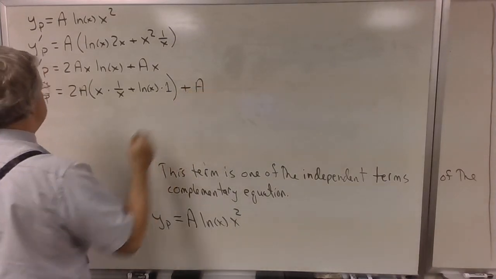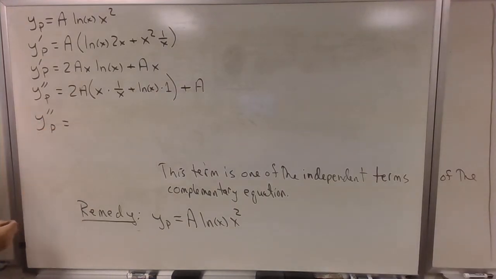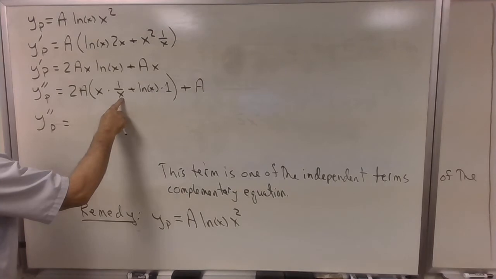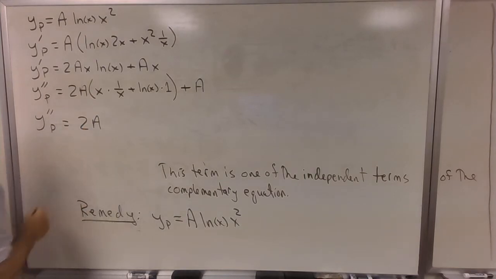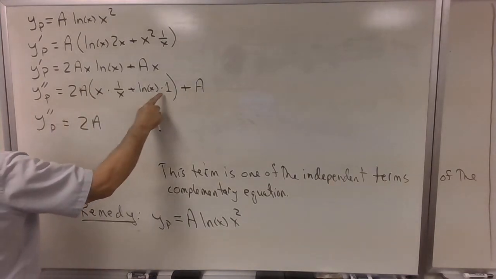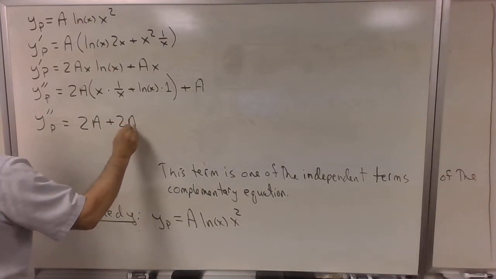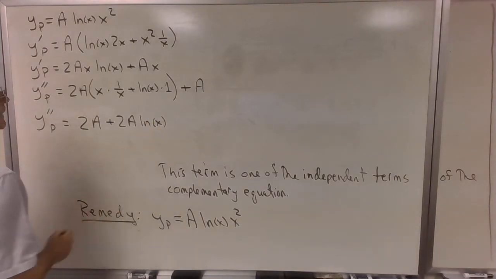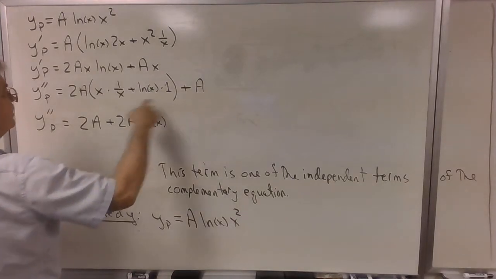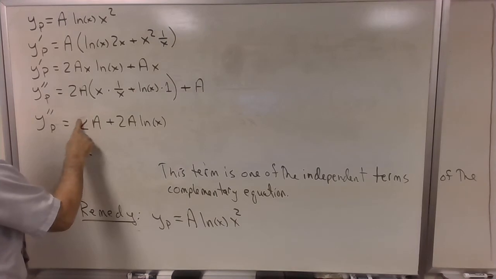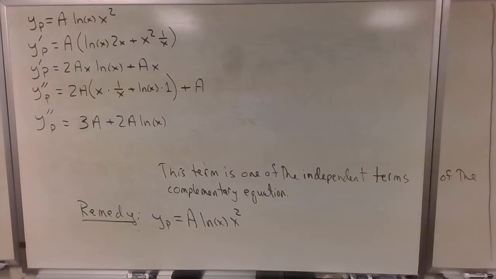We just get a. X times 1 over x is just 1, so we have 2a times 1 is 2a, and 2a times natural log of x, and we have a here. Well, a plus 2a, let's just make that 3a. And those should be our derivatives.